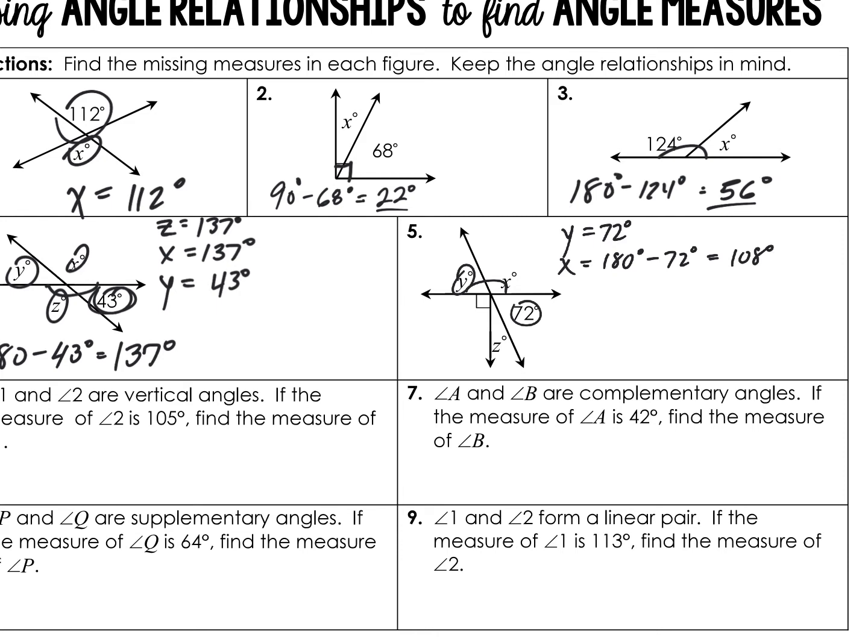And z, so this is 90, and I know this forms a straight angle, so z is equal to 90 minus 72, which is 18 degrees.